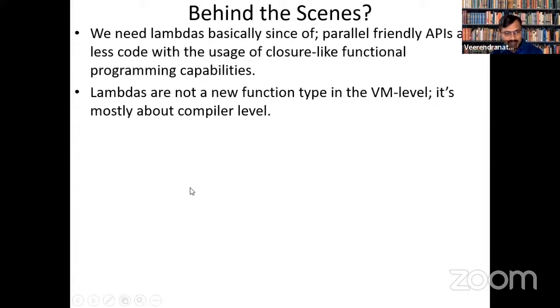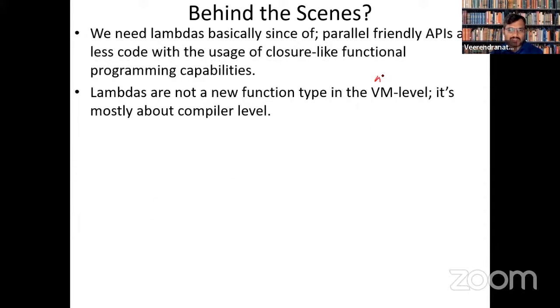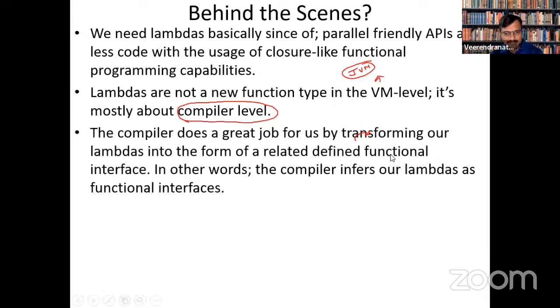Then, they are not a new function type at the VM level. VM stands for virtual machine. You might have seen or at least heard of the JVM, the Java virtual machine. So it is mostly about the compiler level, in the sense that it has to be understood by the compiler so that it can do the transformations and everything, in the form of a related defined functional interface.